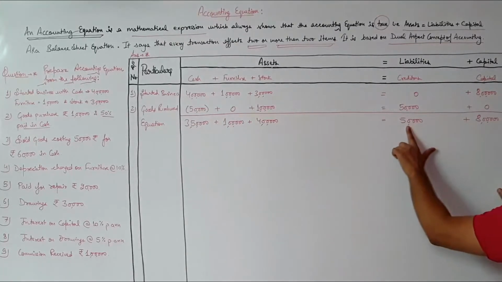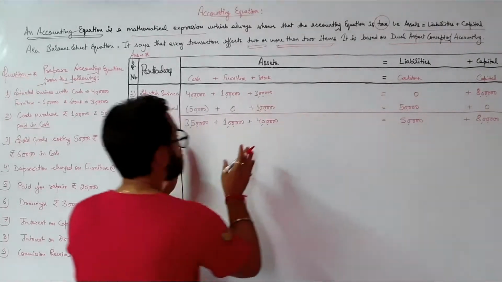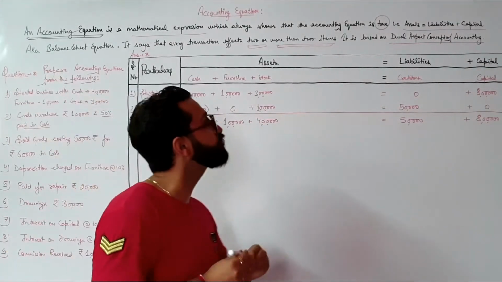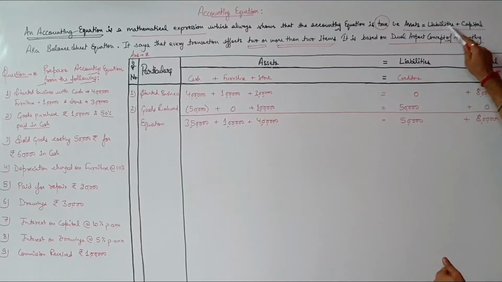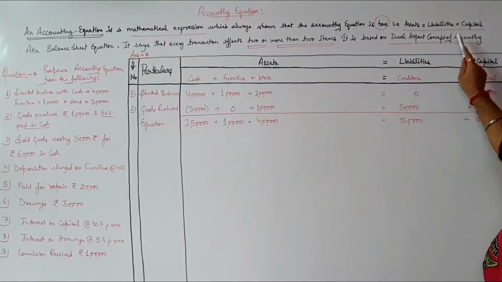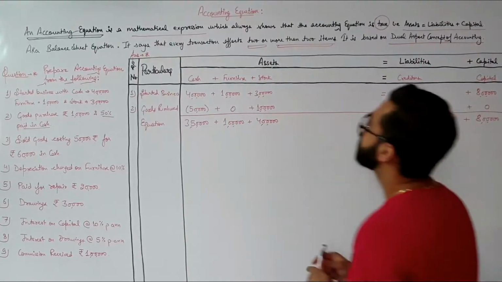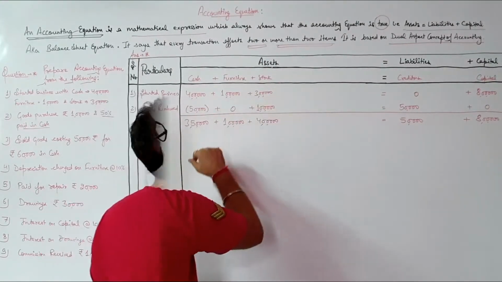Now 8 lakh plus 50,000 is 8,50,000, and here the total is also 8,50,000. Means to say that we are proving again and again that assets are equal to liabilities plus capital. We are following the dual aspect concept, which says that the effect can be on two or more items.